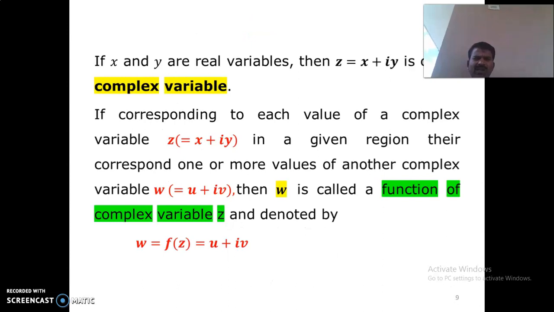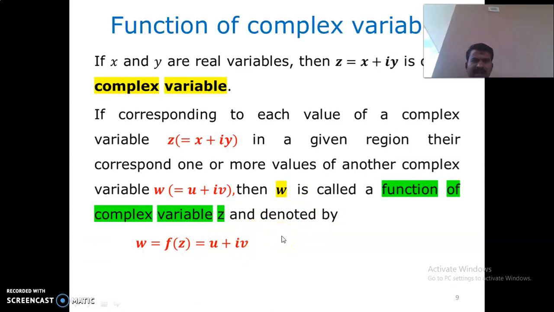That is, if corresponding to each value of the complex variable in a given domain there exists another value of complex variable w, then we call w a function of the complex variable, denoted by w equal to f of z, equal to u of x comma y plus i v of x comma y, where u and v are functions of x and y. This is what we call a function of a complex variable.